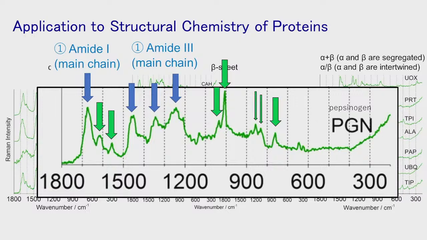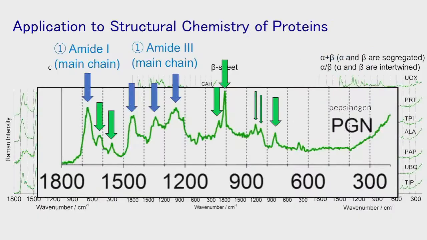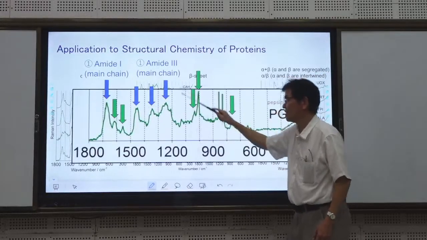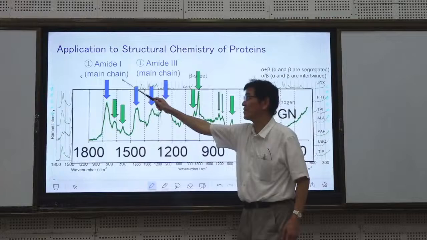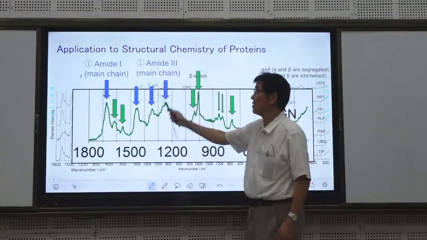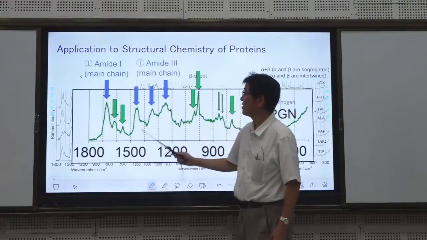There are several peaks related to main chain structure, indicated by blue, and there are several bands related to main chain and side chain structures. So I start from some useful bands for the analysis of the main chain.